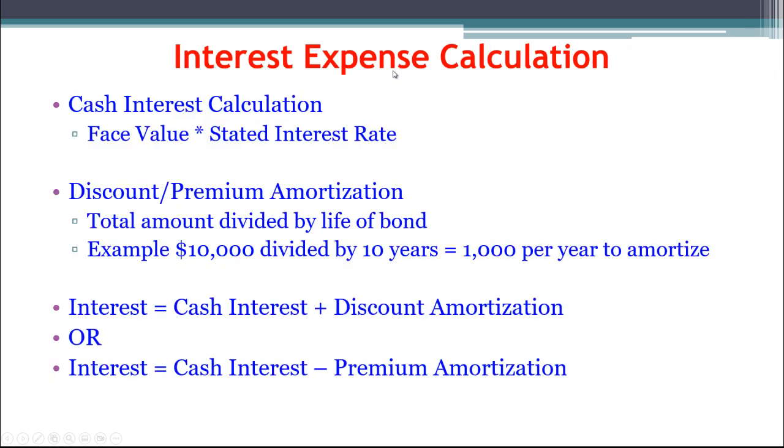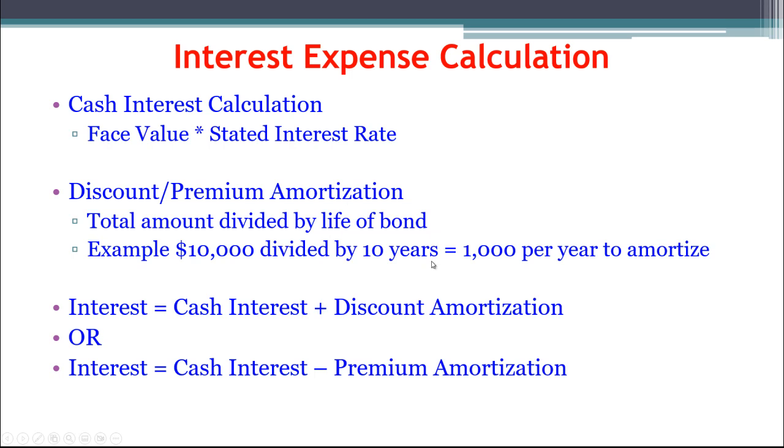Now, the interest expense calculation itself, we have the cash interest calculation. It's the face value multiplied by the stated rate. And then we have a discount or premium amortization. Again, we're just going to take that total amount and divide it by the life of the bond. In this case, 10 years.